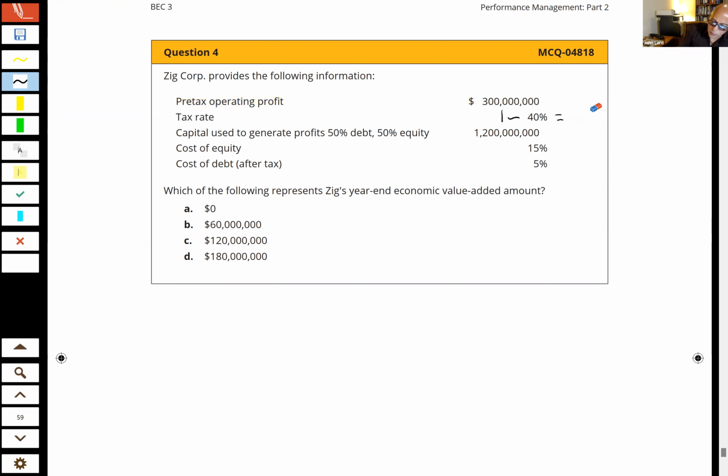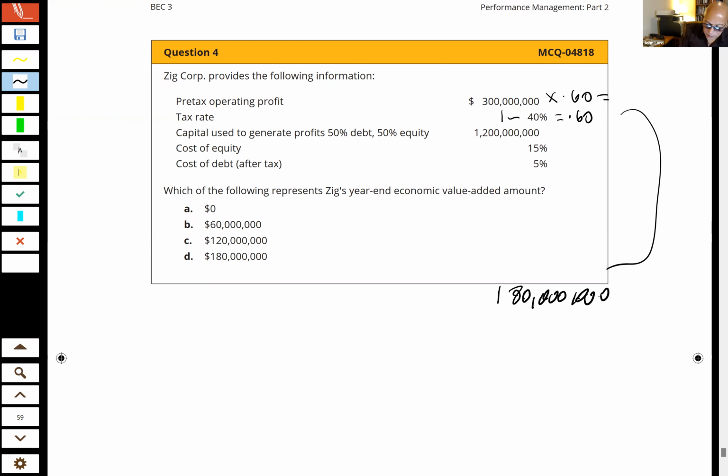So let me write that a little better. Okay, 0.60. And so I'm going to take that 300 million times 0.60, some big numbers here. And that's going to give me my NOPAT, which is going to be 180 million. Okay, so I got that part done, but now I have to subtract off whatever the cost is going to be of this capital.